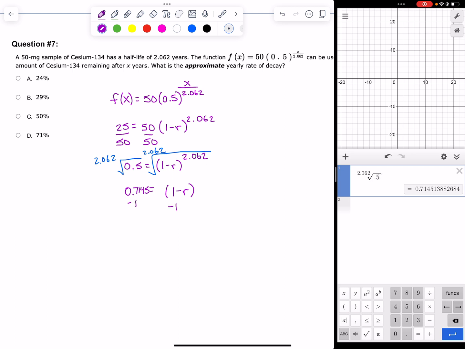So let me just scooch over here to the side and put that minus 1 would be negative 0.285 equals the negative r, which is the rate I'm looking for. Then I just got to multiply or divide both sides by -1, and I get 0.285 is the rate, which if I move my decimal back over, is approximately 29%, which goes with answer choice B.